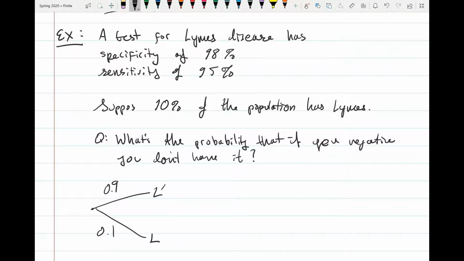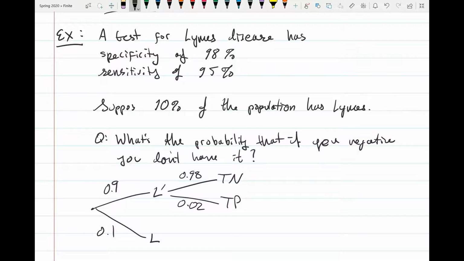So we have a specificity of 98, and that's about true negatives testing negative. So if we have our true negatives, which is our L complement, we're saying that 0.98 will test negative. I'll do test negative, and well, the complement of that, 0.02, will test positive.